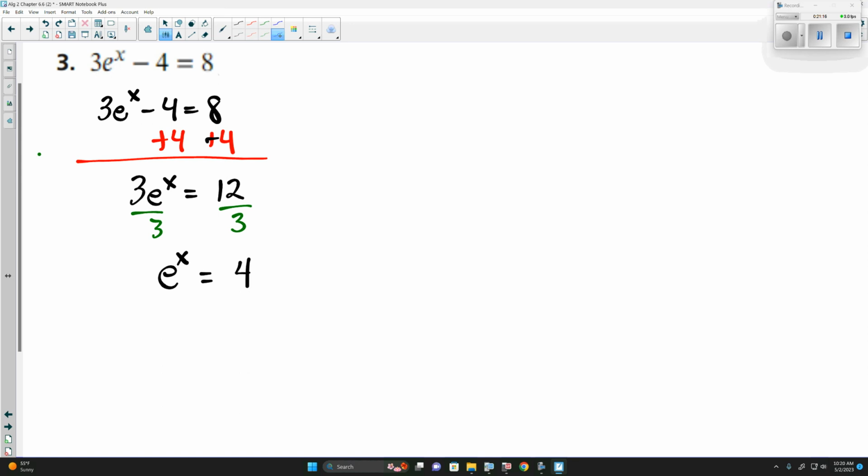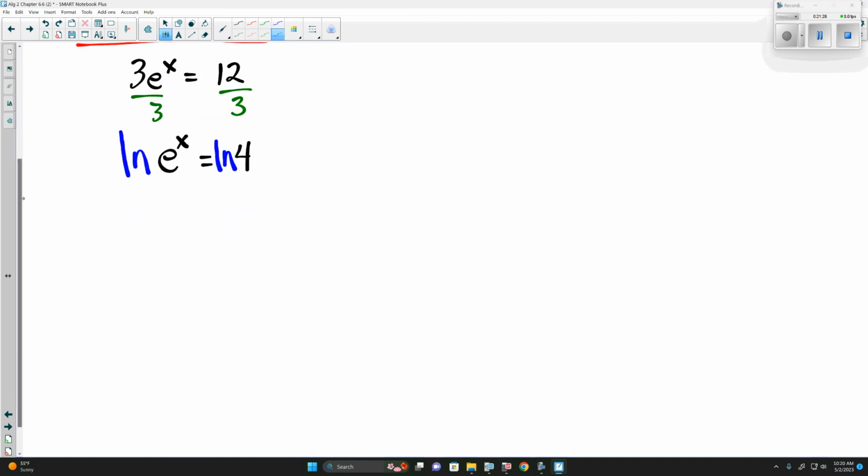And now that it is by itself, what can we do to get the variable out of the exponent? We can apply the ln, the natural log, to both sides. This will move the x out front, telling us x times the natural log of e is equal to the natural log of 4.